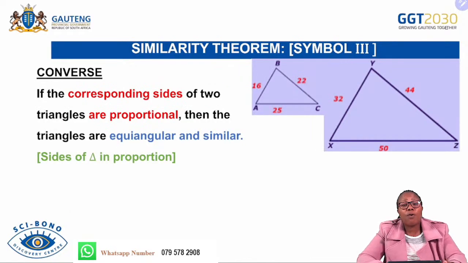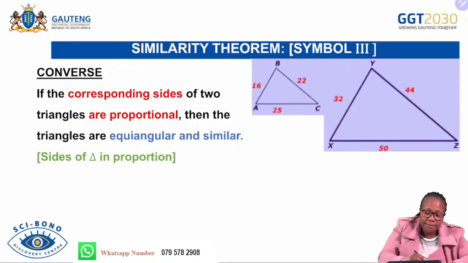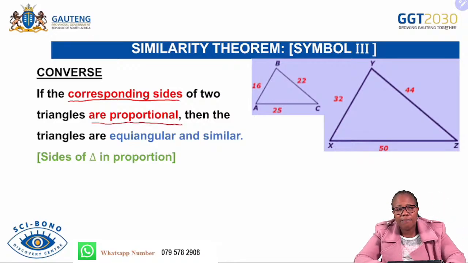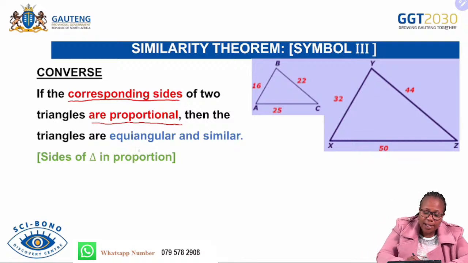And then now we have a converse of this particular theorem. And then its converse states that if the corresponding sides now, vice versa, you are now given corresponding sides of the two triangles being proportional. If that is the case, the sides are in proportion, then the triangles are what? Are equiangular and similar.